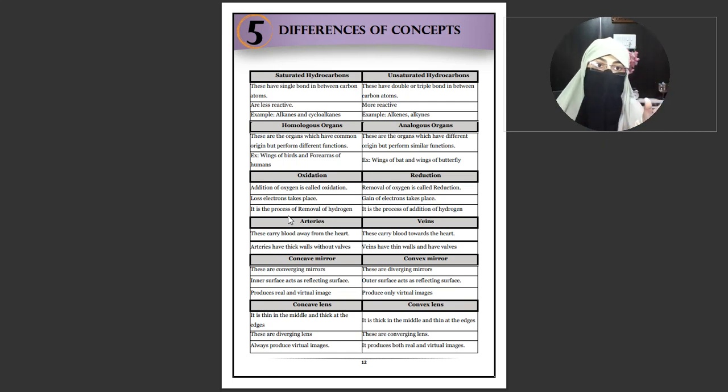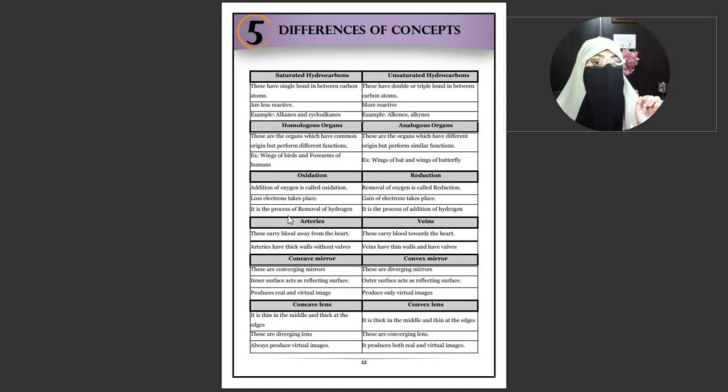They don't look similar, right? They have a different structure, but the function performed is the same, that is the wings of bat also help in flight, whereas the wings of butterfly also help in the flight of a butterfly.